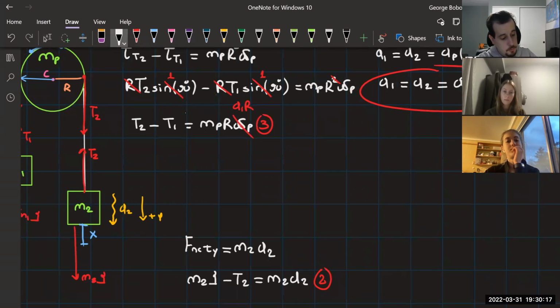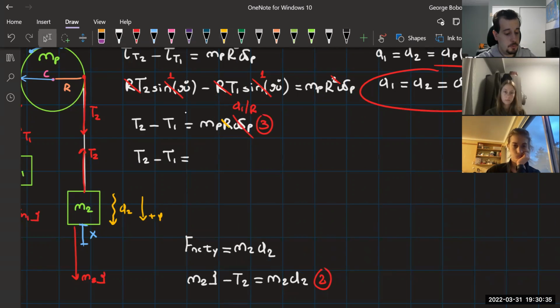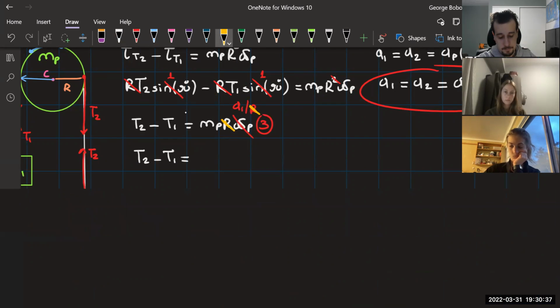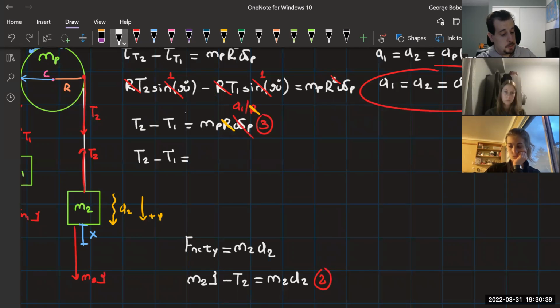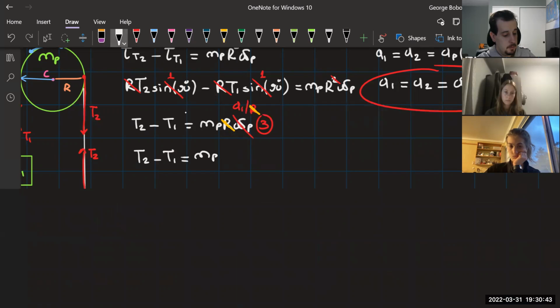All right, and if we do that, we have here T2 minus T1. The R's will cancel, right? Because, actually, no, what am I saying? We are dividing. Yes, so the R's are going to cancel, like this R with that one as we plug in. So we are remaining here with MP times A1.